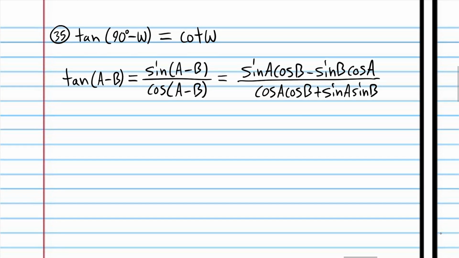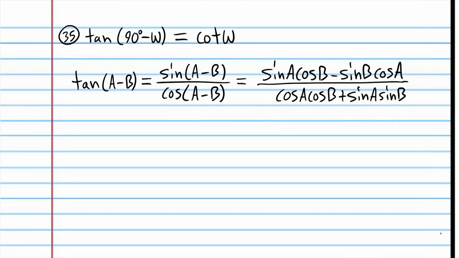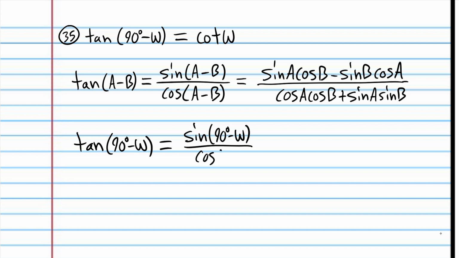And we know the sine of a difference of two angles and the cosine of a difference of two angles. So if we're trying to find tangent 90 degrees minus omega, that's equal to sine 90 degrees minus omega over cosine 90 degrees minus omega.